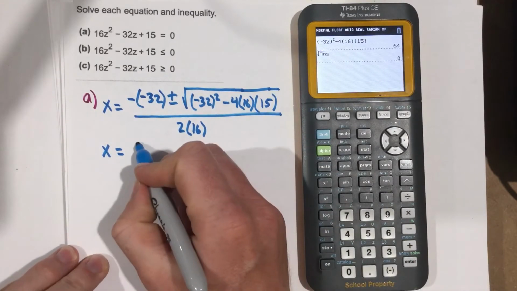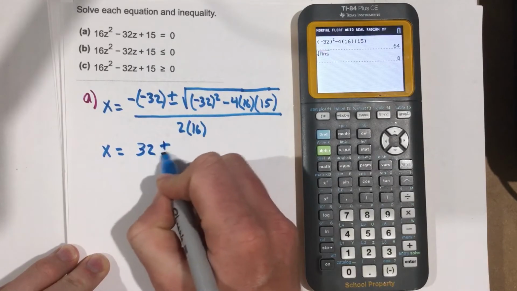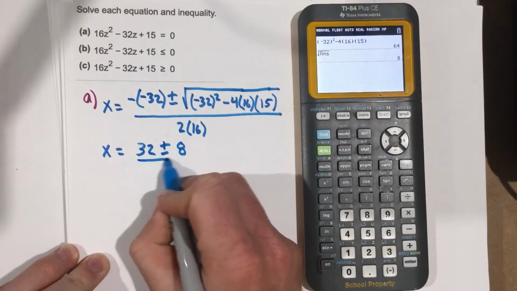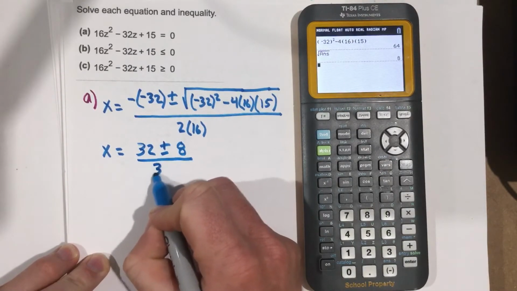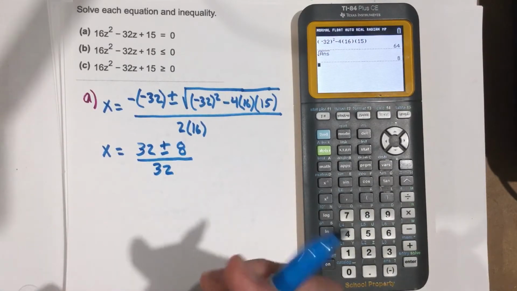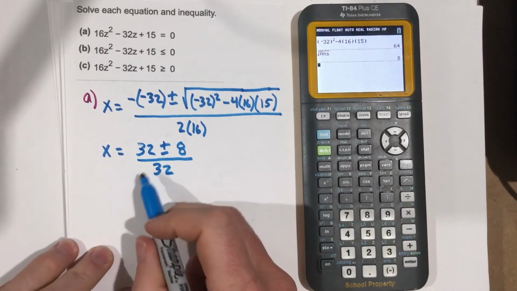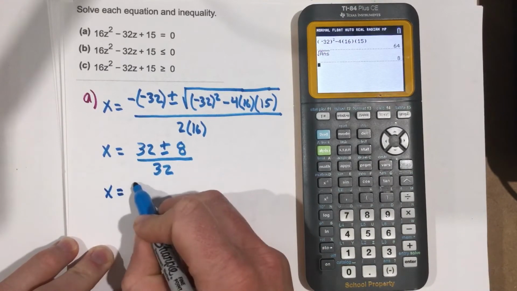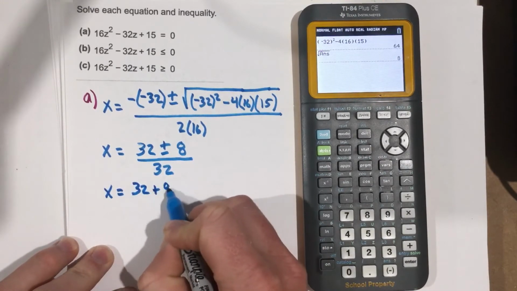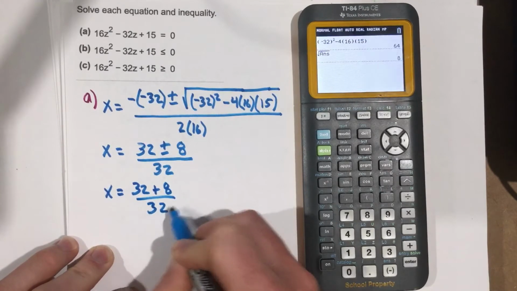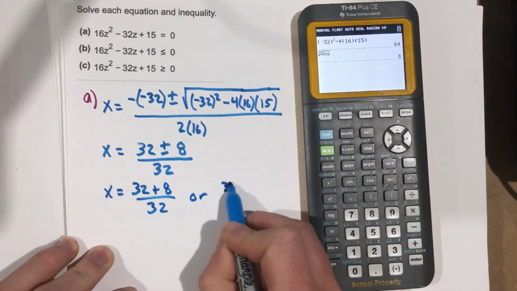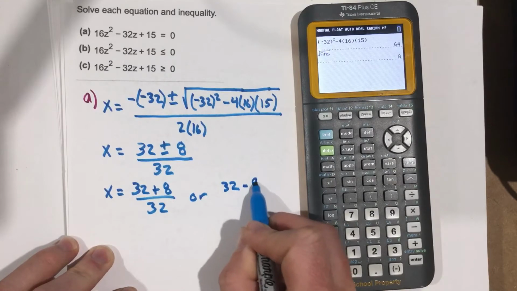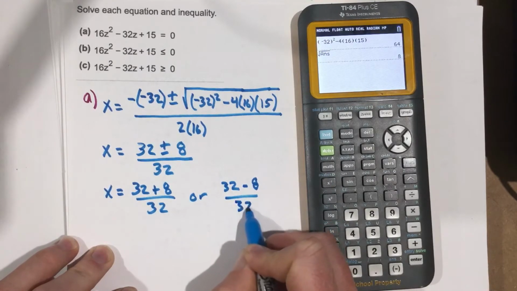So we end up with 32 plus and minus 8 all over 32. So now we're going to simplify this a little farther, and we're going to say that this equals 32 plus 8 over 32, or 32 minus 8 over 32.